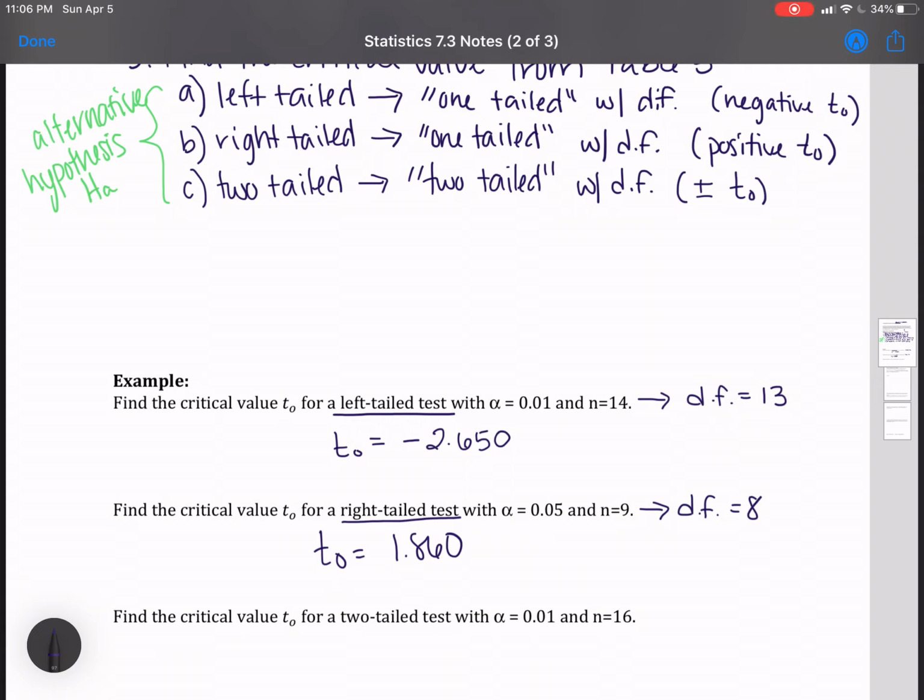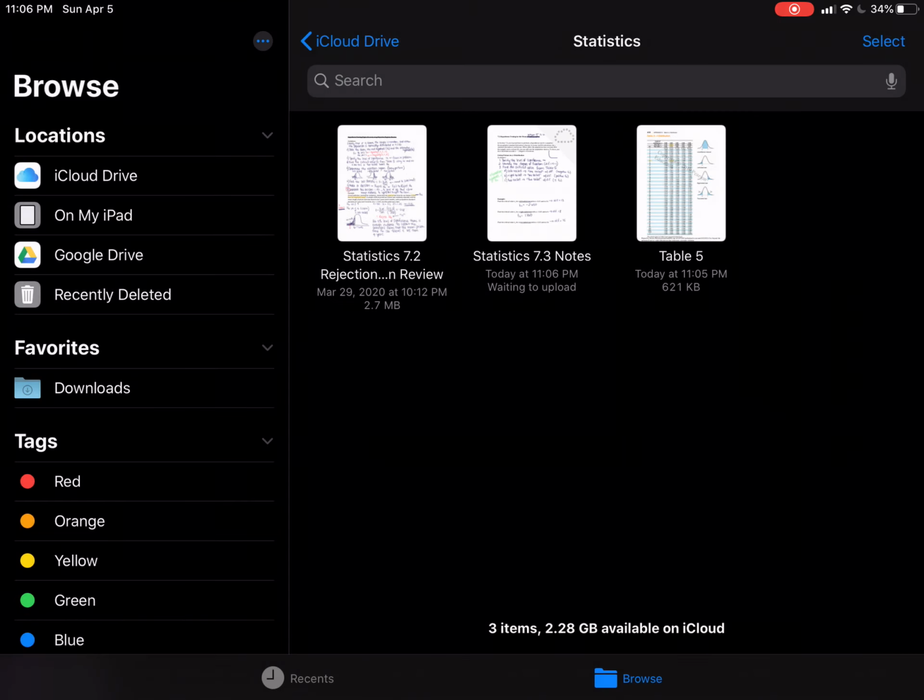Okay. And then lastly, we're looking at a two-tailed test with alpha equaling 0.01. And since n equals 16, our degrees of freedom is going to equal 15. Okay, so last time I'm going to jump over once more.